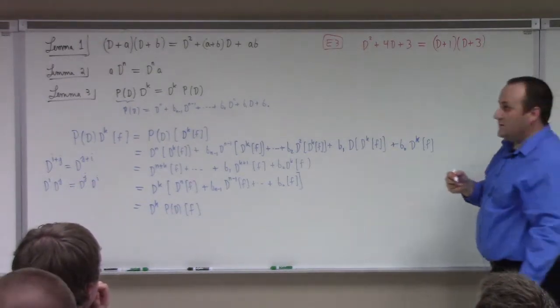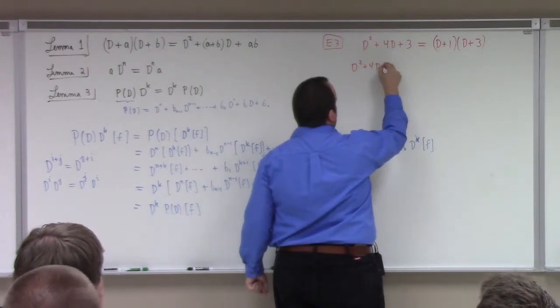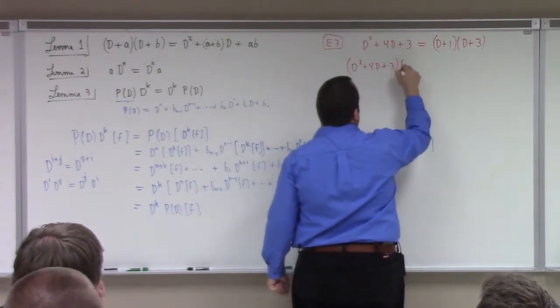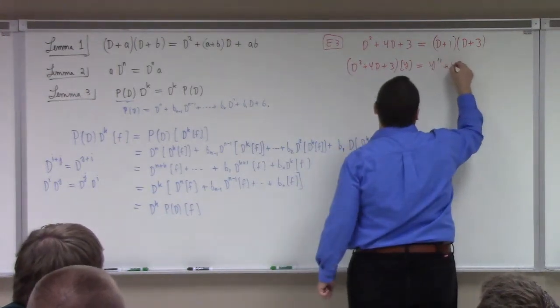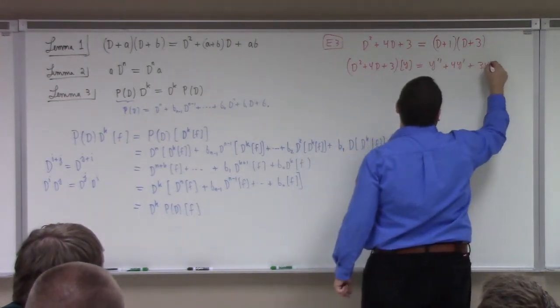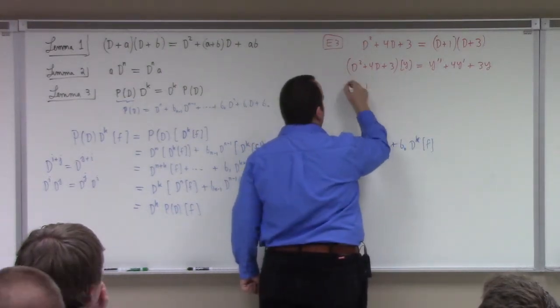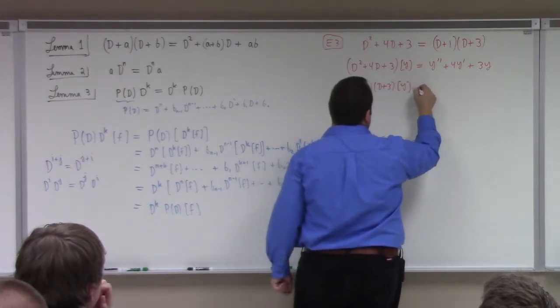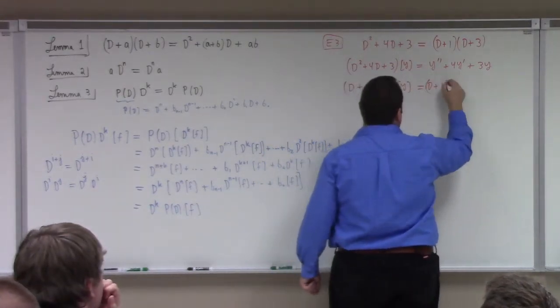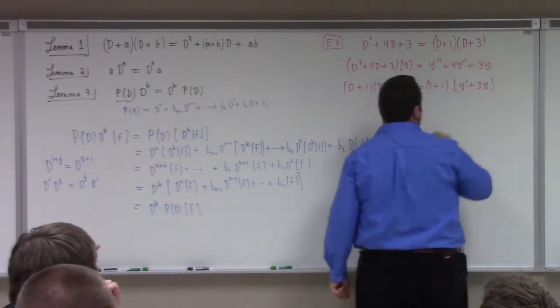Now that we can check pretty easily, right? Here's a concrete check of that. D squared plus 4D plus 3. You let it act on a function y, let's say. That gives me y double prime plus 4y prime plus 3y, right? What happens when I feed the function y to D plus 1 multiplied by D plus 3? That means D plus 1 acts on y prime plus 3y, right?